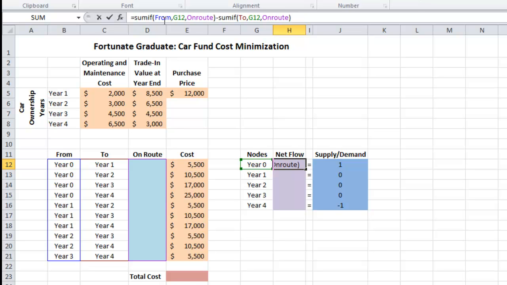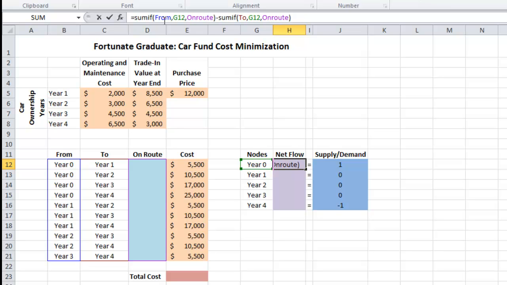So now we're going to ask it to do the same thing in the to column, but notice there is no year 0 in the to column. So the second half of this formula in this case will actually be 0. Now, for the other problems, that won't be the case. So hopefully, in our year 1, year 2, and year 3 cells right below this, we better have 1 minus 1, so those equal 0. Because remember, those have to be 0, because they are nodes we are passing through.